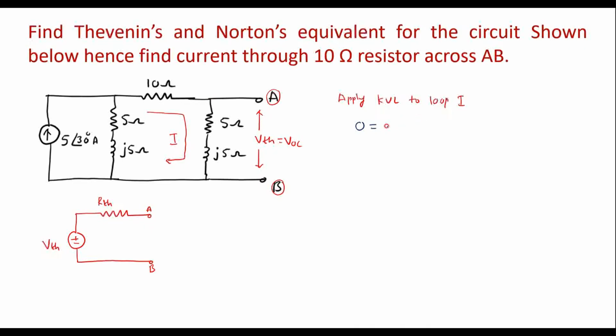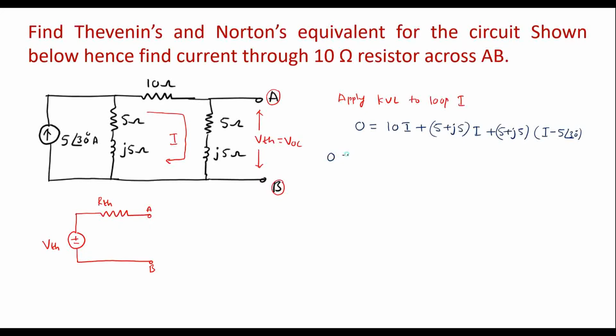Voltage across the 10 ohm resistor is 10I, plus voltage across 5 plus J5 is (5 plus J5) into I, plus voltage across this resistor 5 plus J5 is (5 plus J5) into (I minus 5 angle 30), because this is the current which also flows through the 5 plus J5 resistor.